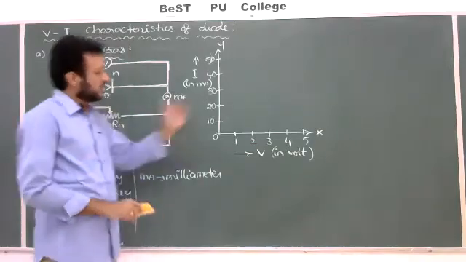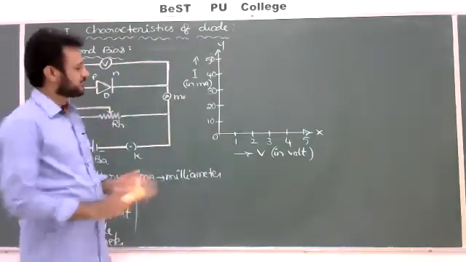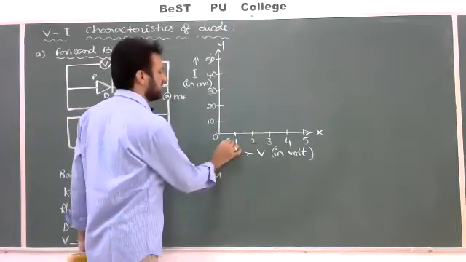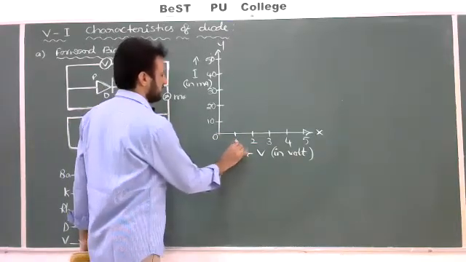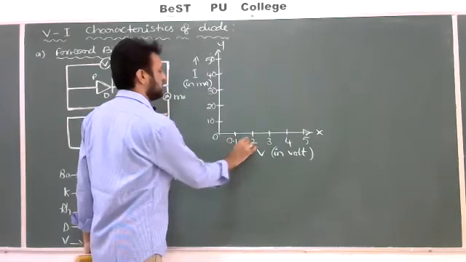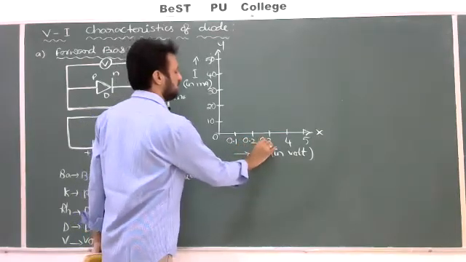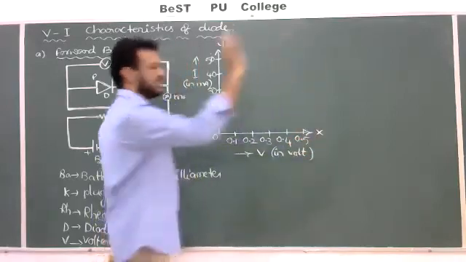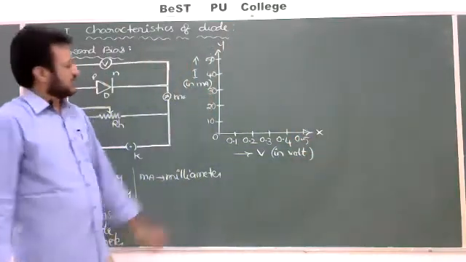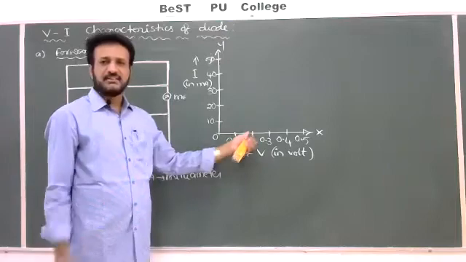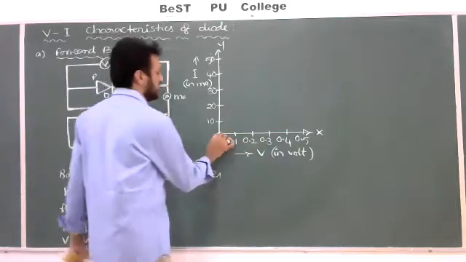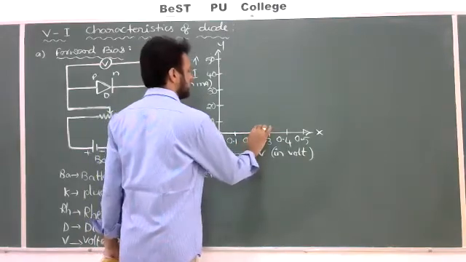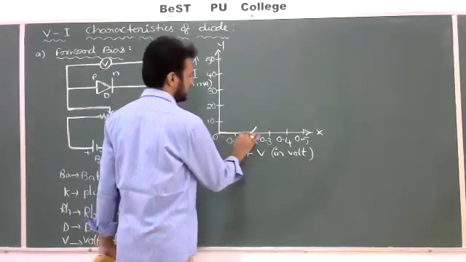Now what is the nature of the graph? I'll take 0.1, 0.2, 0.3, 0.4, 0.5, 0.6 and so on. Up to 0.2 nearly there is no flow of current. The graph is almost a straight line like this, and thereafter the graph gradually increases like this.